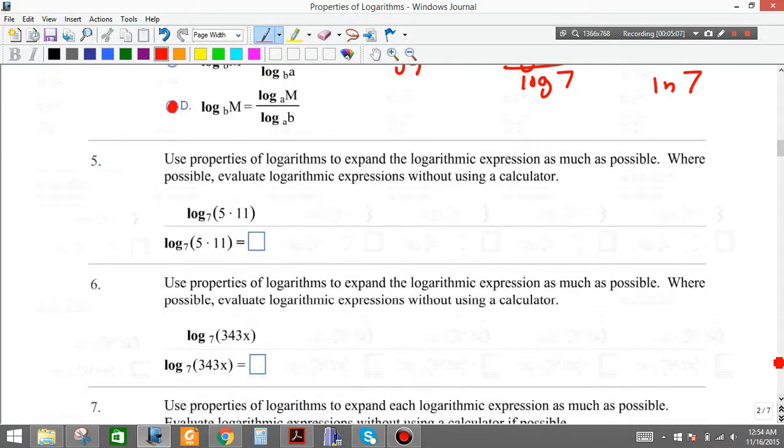All right, now let's use some of these rules. It says use the properties of logarithms to expand the logarithmic expression as much as possible. Where possible, evaluate the logs without using a calculator. So it says log base 7 of 5 times 11.